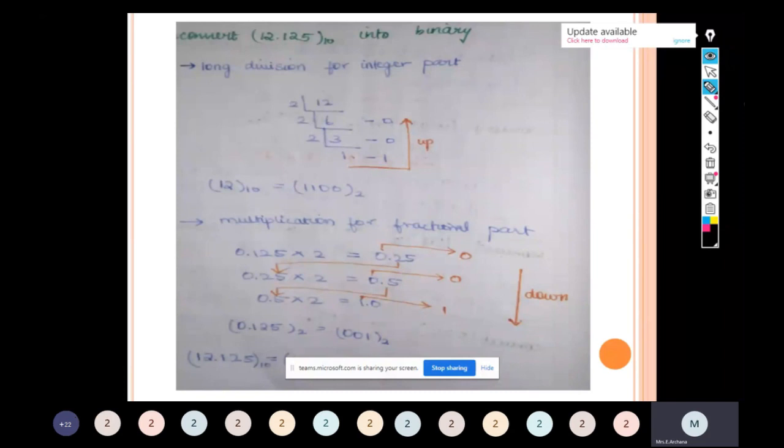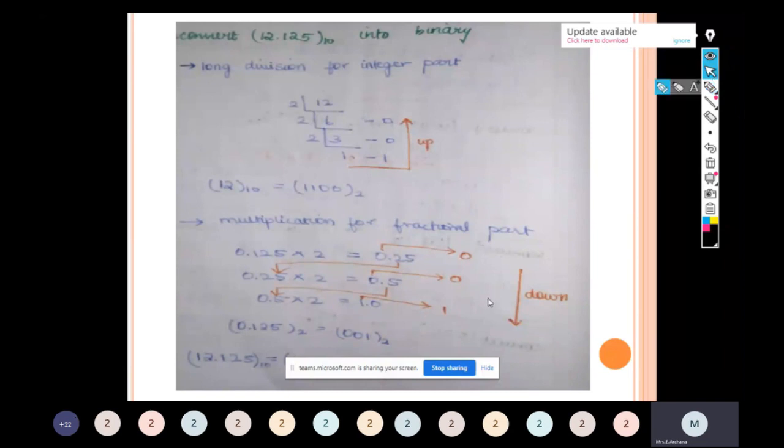The binary number system has the values 0 and 1, and the radix is 2. The hexadecimal number system has the digits from 0 to 9 and A to F, and the base value is 16. Then we saw number base conversion, how to convert one number system to another number system.